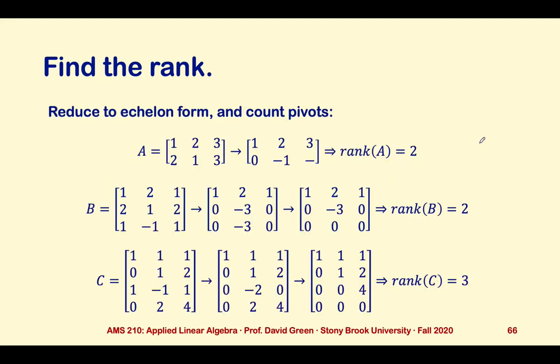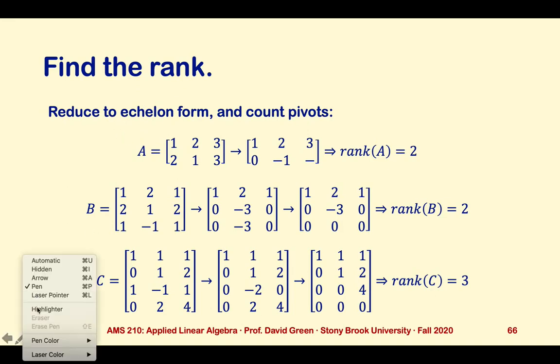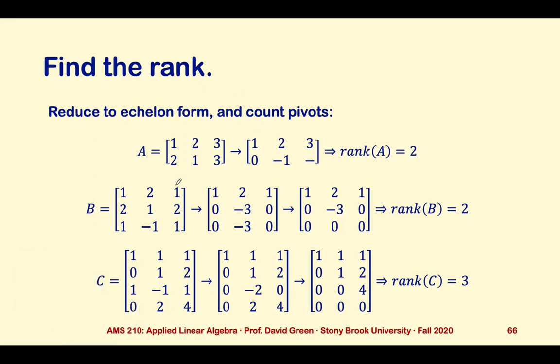All right. To find the rank, all we need to do is to reduce to echelon form. We do not have to take things all the way to reduced row echelon form. And then we simply count the pivots. For matrix A, start with our upper left pivot, eliminate downwards. 2 minus 2 is 0. 1 minus, this should actually be 1 minus 4, so this should be negative 3.